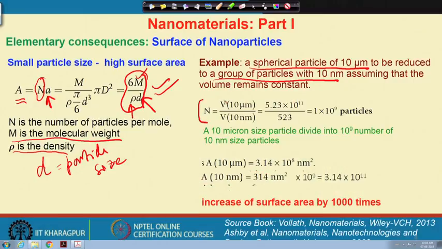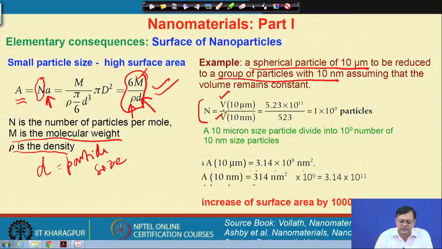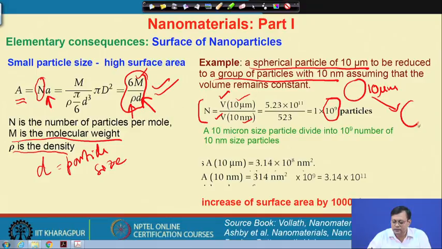Here n is the ratio of the volumes, and we reach 10 to the power 9 particles. So if I have a 10 micrometer particle and I make it 10 nanometer, I will get 10 to the power 9 such particles.